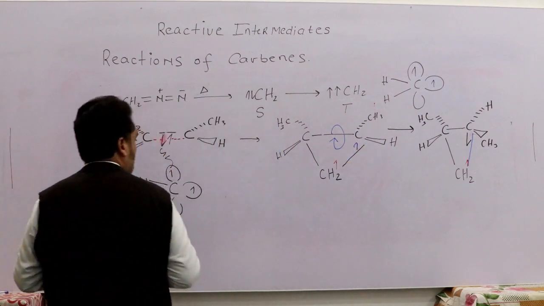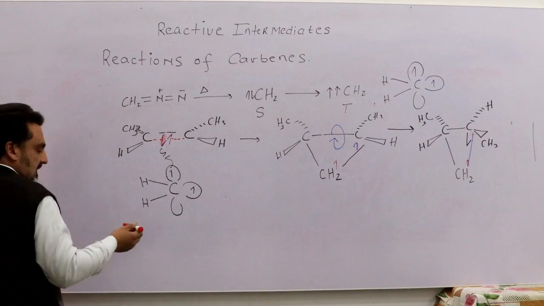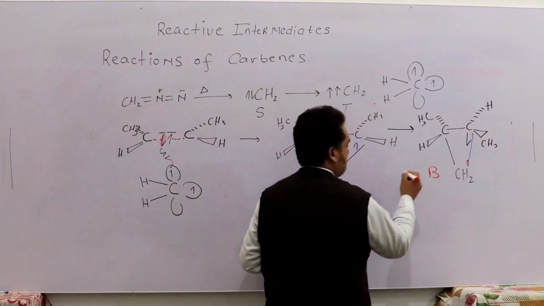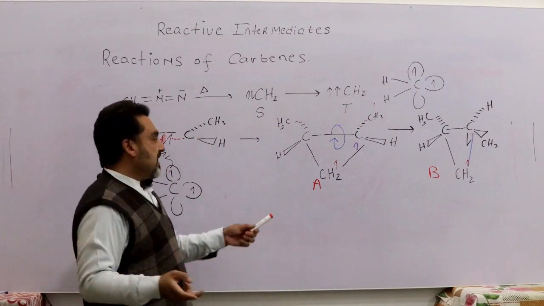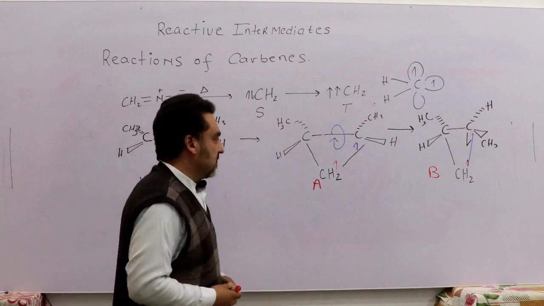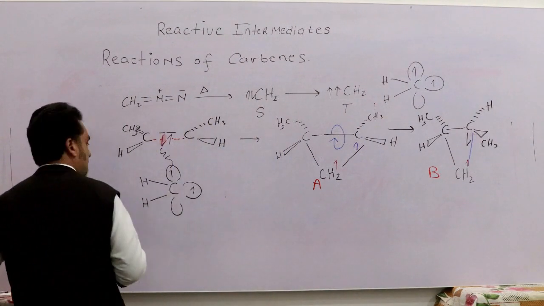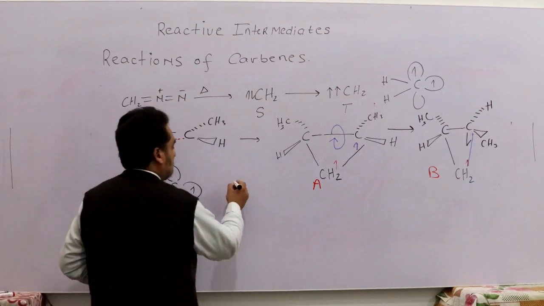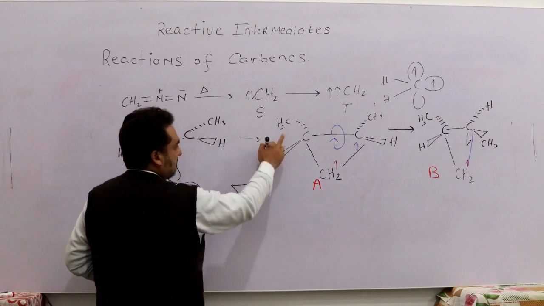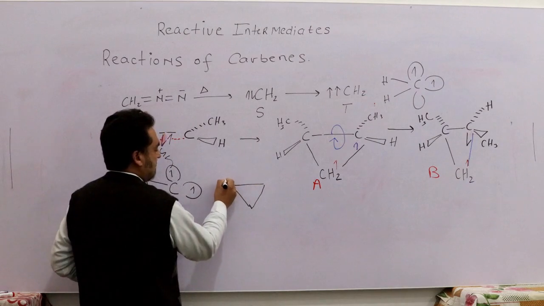So as you see, let's call this one A and this one B. So what happens? Two cyclopropane rings are produced. And how to write them? This is the one, A. Both the methyls are on the back side.